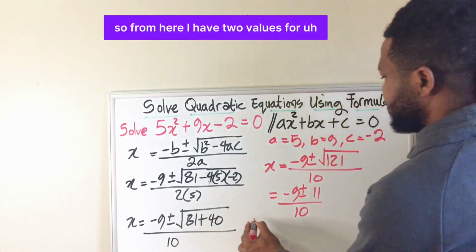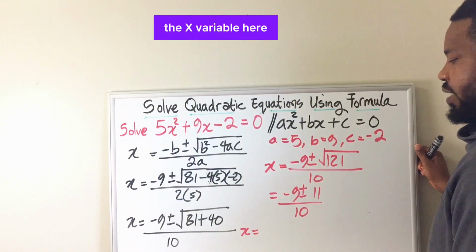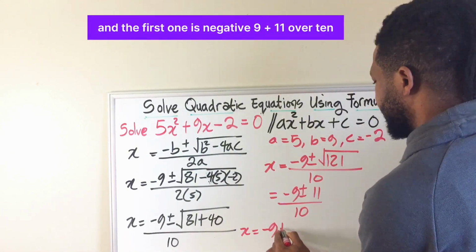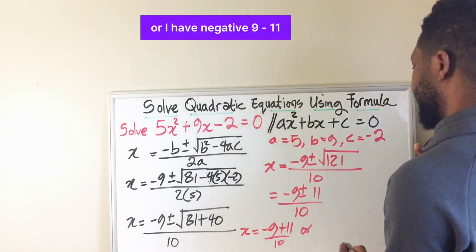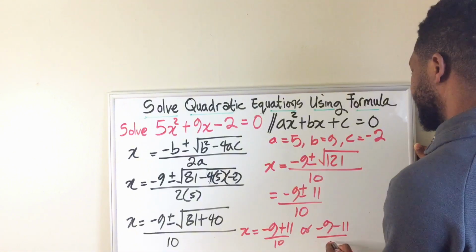So from here, I have two values for the x variable. The first one is negative 9 plus 11 over 10, or I have negative 9 minus 11 over 10.